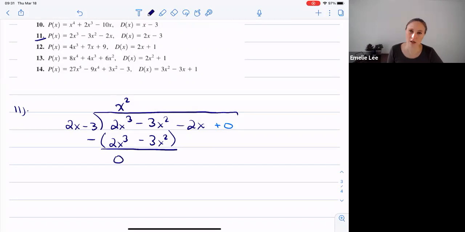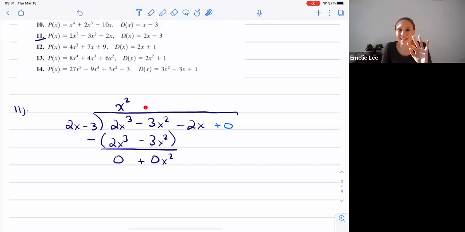Negative 3x squared plus 3x squared. Now notice that here you have 0x squared if you want to emphasize it. You could just put 0, but sometimes it's nice to see the 0x squared. 0 divided by anything, especially 2x, is going to just give you 0.